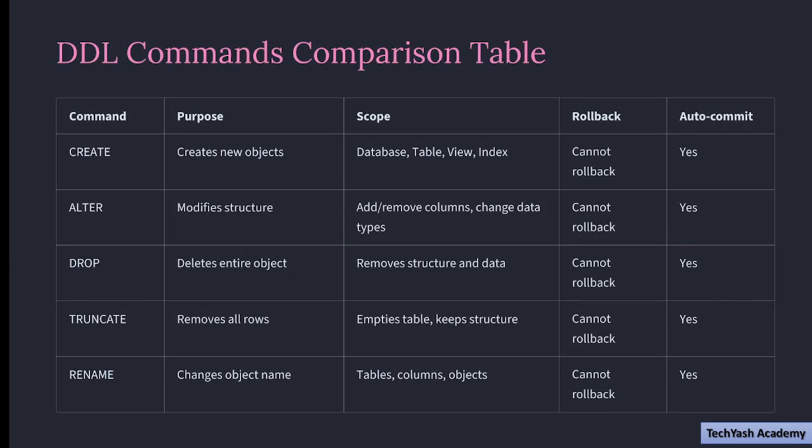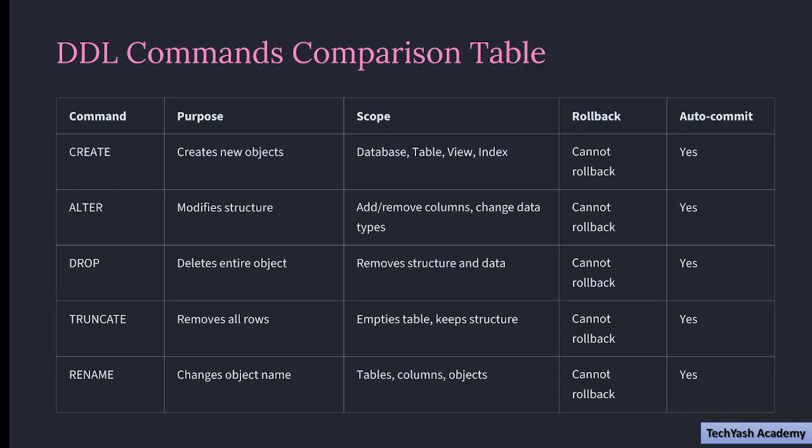So you can compare these DDL commands. The purpose of the create command is to create a new object. Its scope is databases, tables, views, and indexes, and we cannot roll it back, and obviously auto commit happens automatically. Alter modifies the structure, adds and removes columns, changes data types, cannot be rolled back, and auto commit happens.